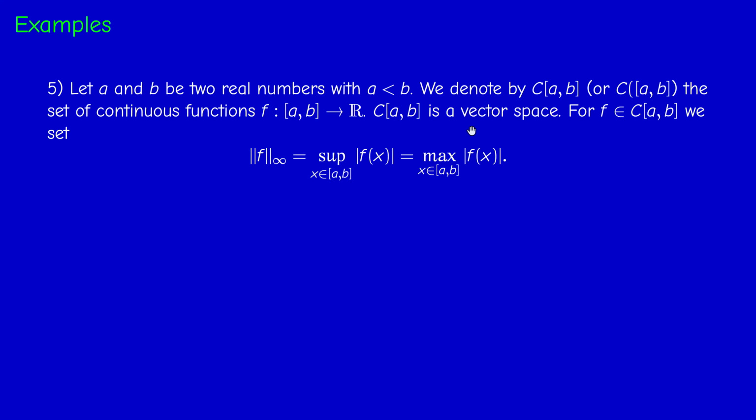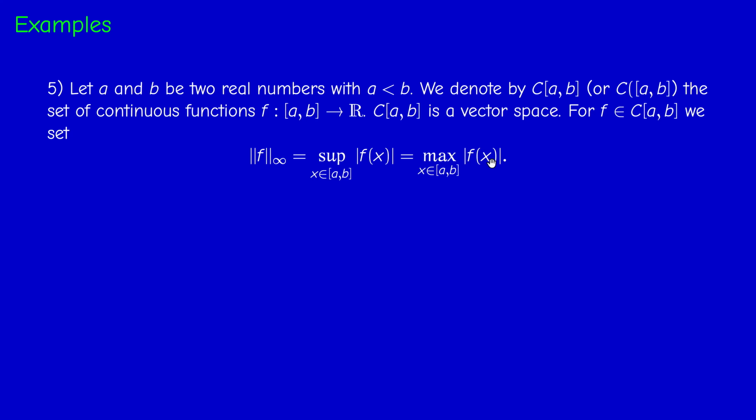And the norm on the space is the infinity norm, or the supremum norm, also called the norm of uniform convergence. So the norm of an element f is the supremum, which is a maximum actually, because f is continuous on this compact set, so it has a maximum value and a minimum value as well. So the maximum value of the absolute value, we have to take the absolute value because this should be non-negative.